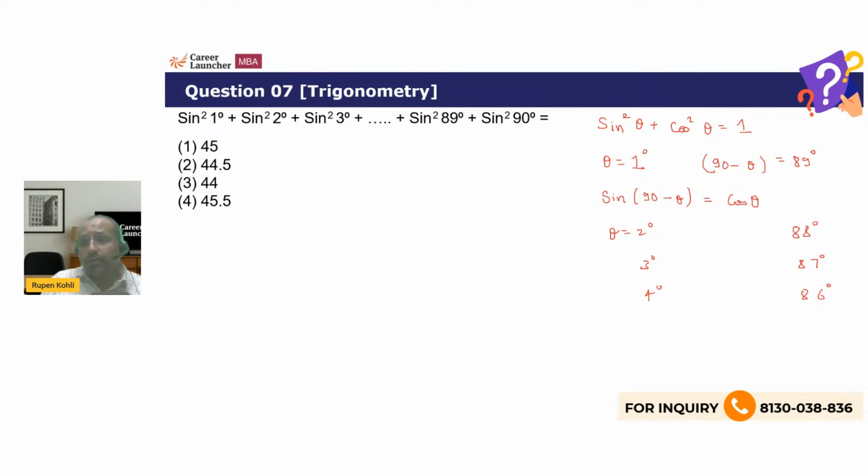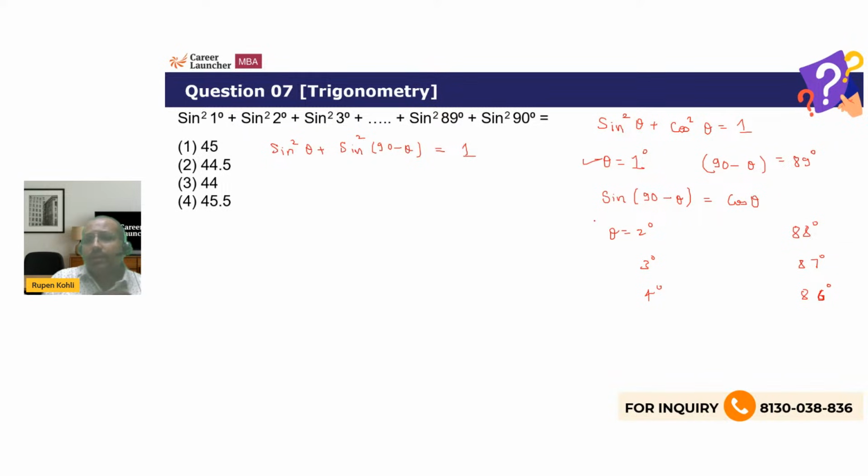All these are pairs of angles such that the sum of these two terms will always add up to 1, because sine square theta plus sine square of 90 minus theta is sine square theta plus cos square theta, which is 1. So you have to see how many such pairs there are.